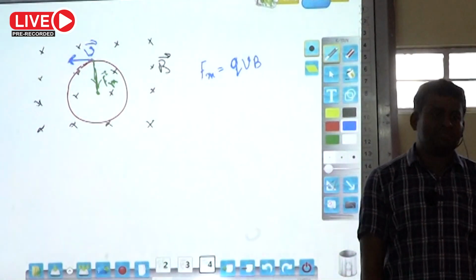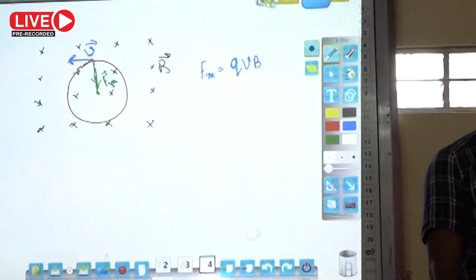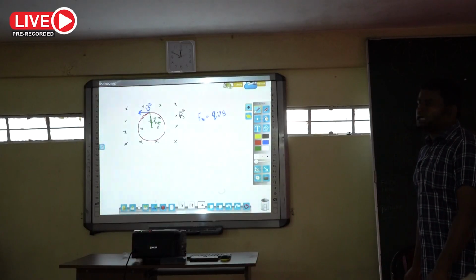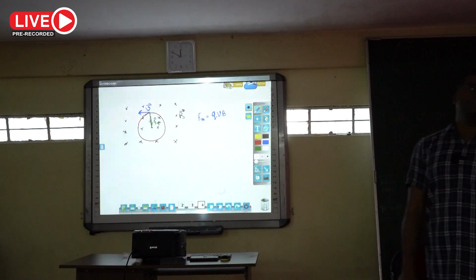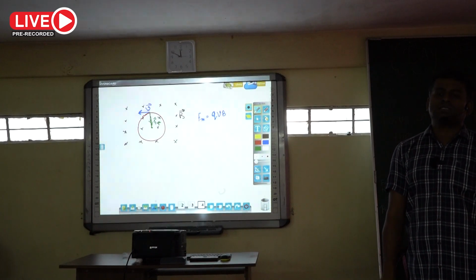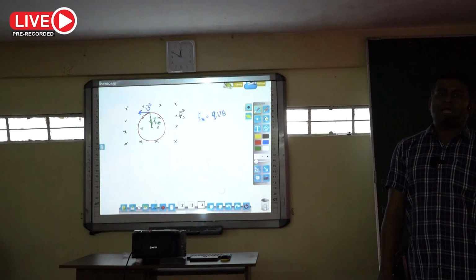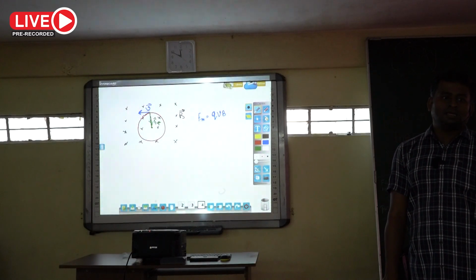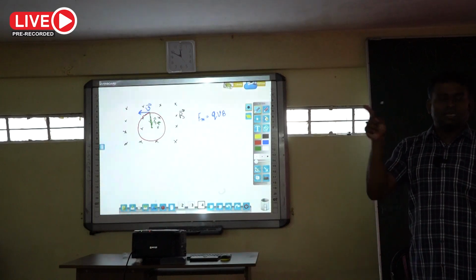Sin 90 will come, sin 90 will be 1. So this force on the charged particle will be QvB and directed towards the center of the circle, and the particle is moving with a speed v in a circular path.